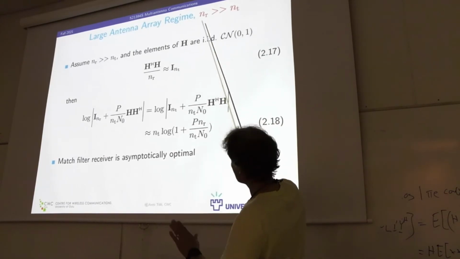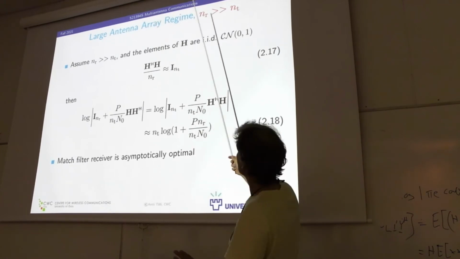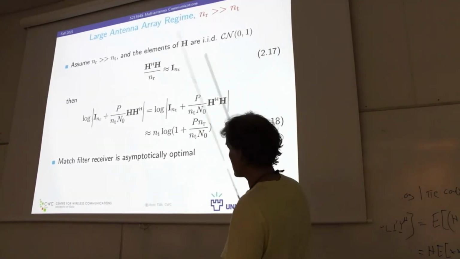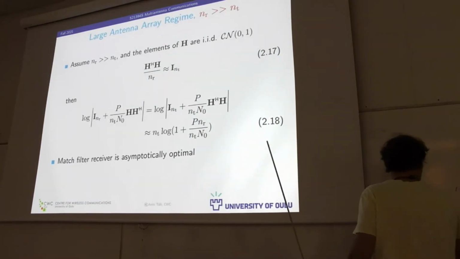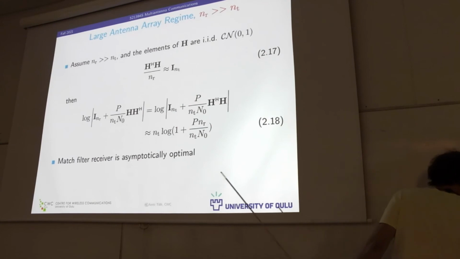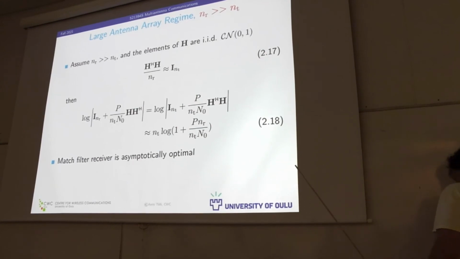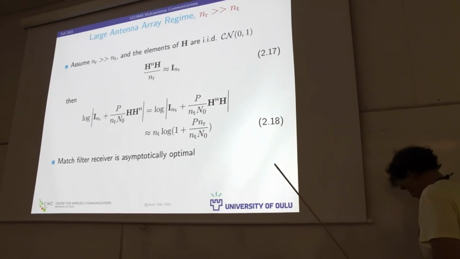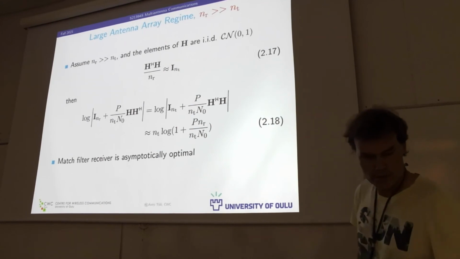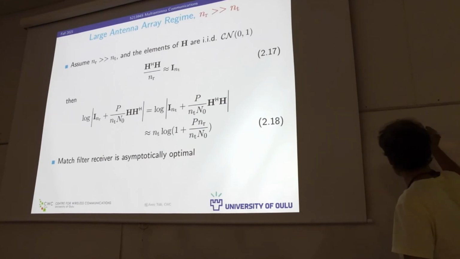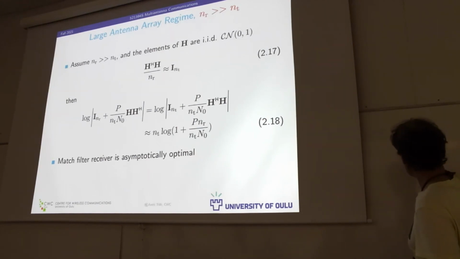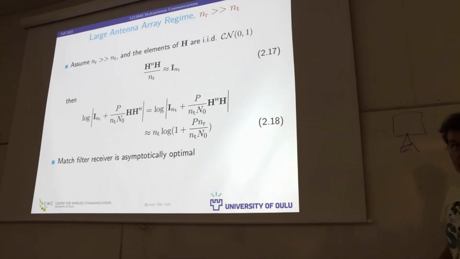Okay, let's consider another scenario: the case when we don't know the channel at the transmitter, but the number of receive antennas is much larger than the number of transmit antennas. This could correspond to a massive MIMO scenario. We have a base station with a planar array.